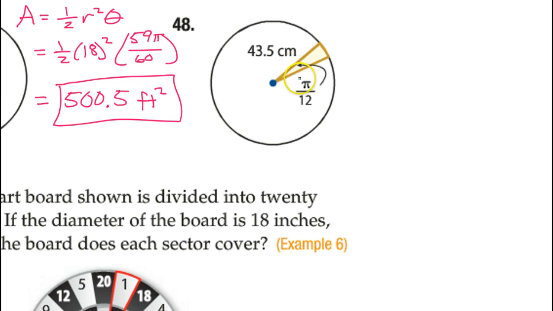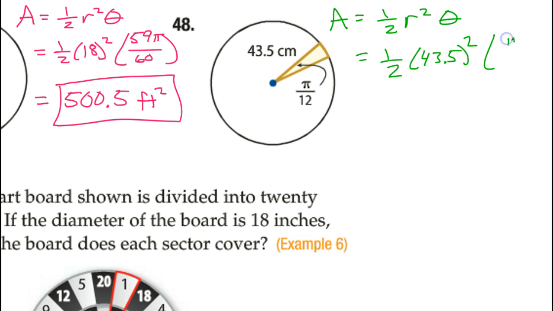All right, for this one, they gave us the angle in radians, so we can just go straight to the formula. 1/2 r squared theta is the formula for the area of a sector in radians. So the radius here is 43.5, and then the angle is pi over 12. Okay, I see the decimal here, so it would be really tough to come up with an exact answer without a calculator anyway.